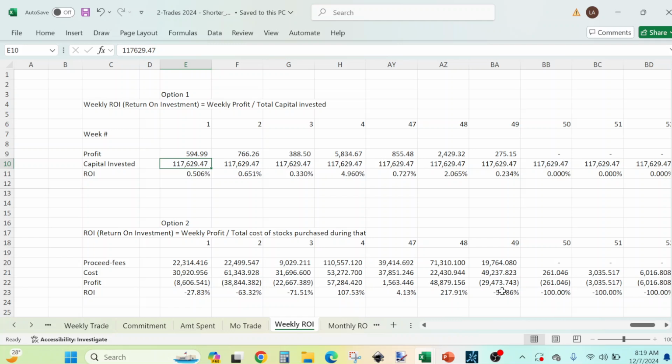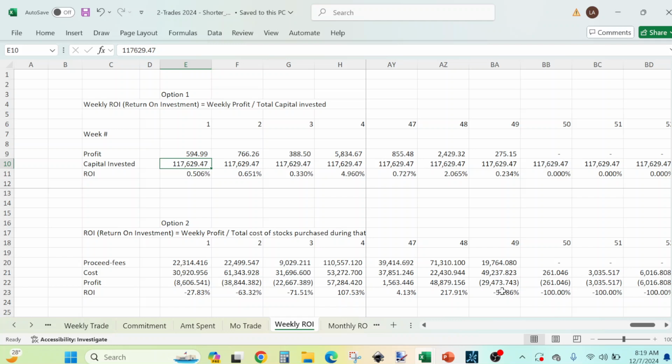That way it's going to take those division errors out of there for us for the weeks that we have not bought anything or sold anything. Okay, we can take the formula out of there because we don't need it, but yeah, it's going to do that for the year as well.